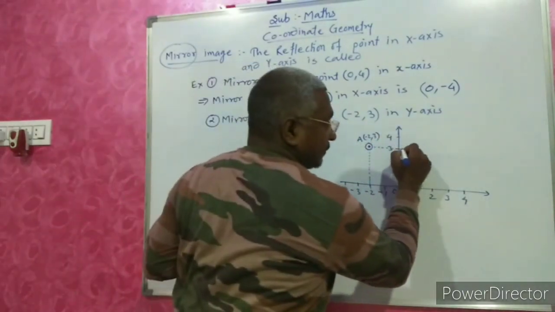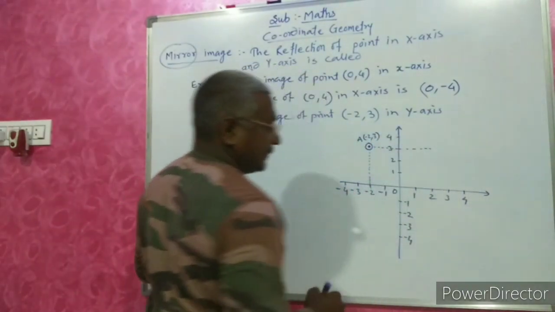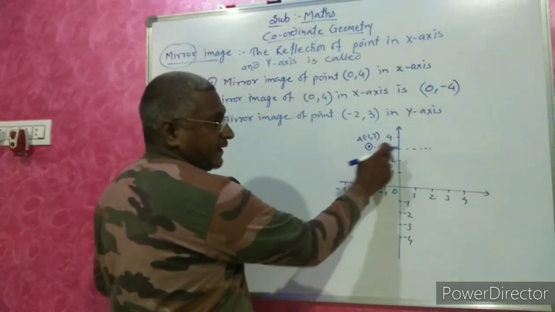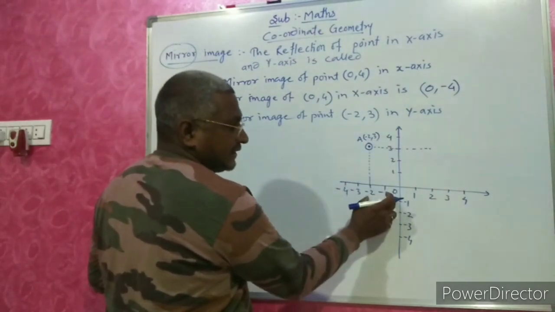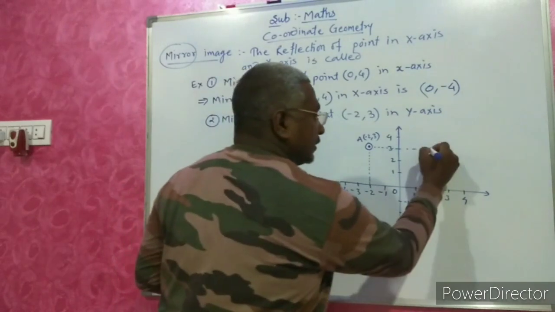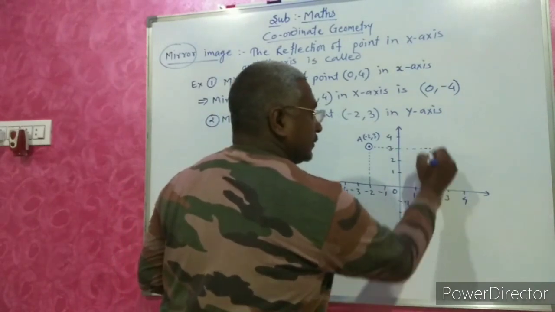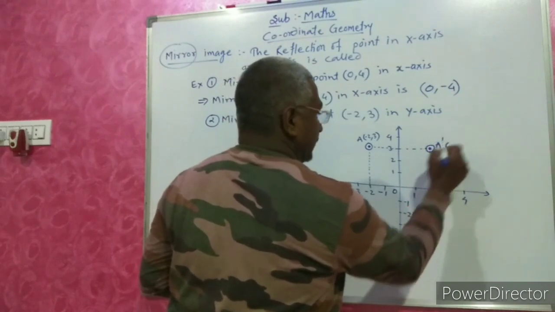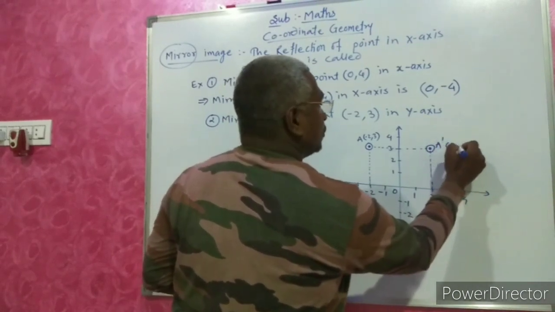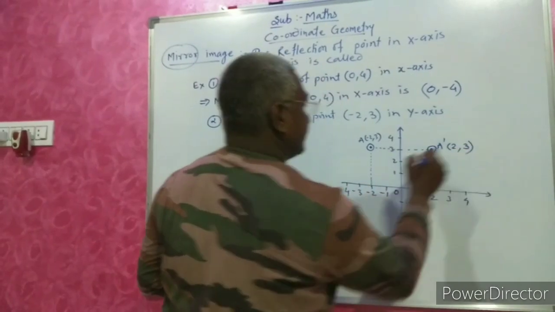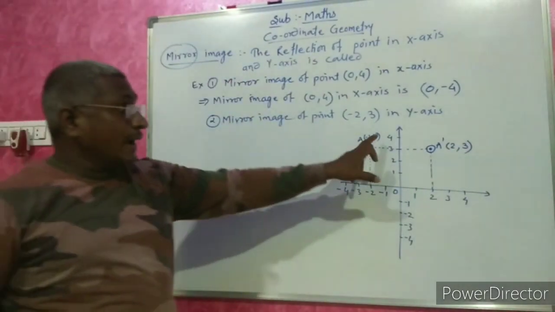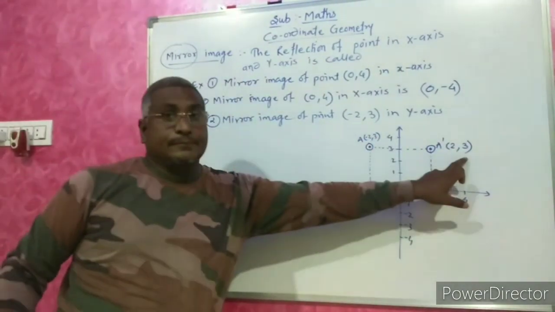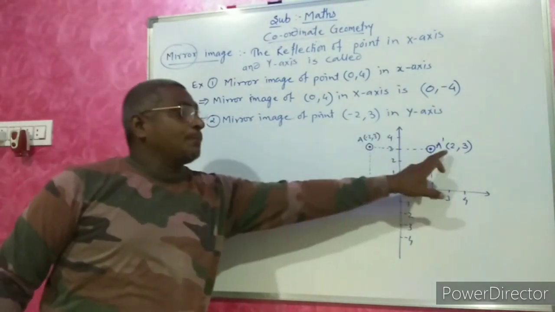So where is the first quadrant? Here, at the same distance from the y-axis. How much distance is there? 2 units. So here 2 units, A dash, which is (2, 3). See what I said: the y coordinate is the same and the x coordinate is opposite.